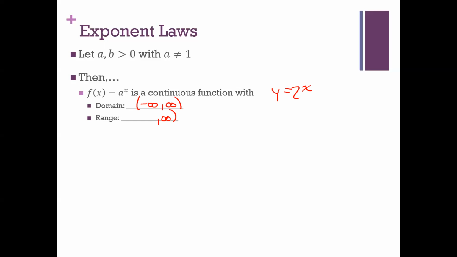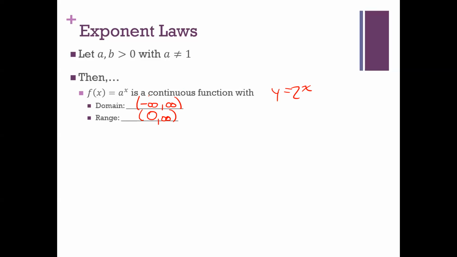Remember, what did we say that x could be? Garrett? It's any real number. So I could give you any positive number here. So I can get as close to 0 as you could possibly want to, but I cannot reach 0.